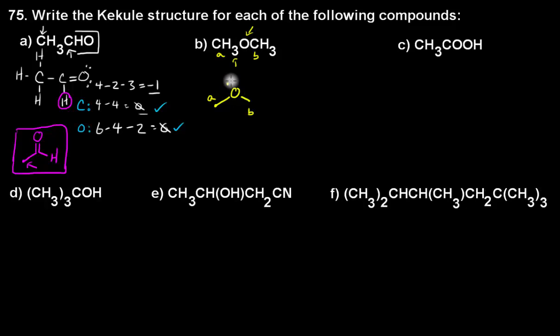So we have a lone pair here and a lone pair here. That oxygen's formal charge is going to be its valence. That oxygen's going to have a valence of 6, always, always, always. Then we're going to subtract 4 electrons in the lone pairs, and then we're going to subtract those 2 formal bonds. So 6 minus 4 minus 2 is 0.